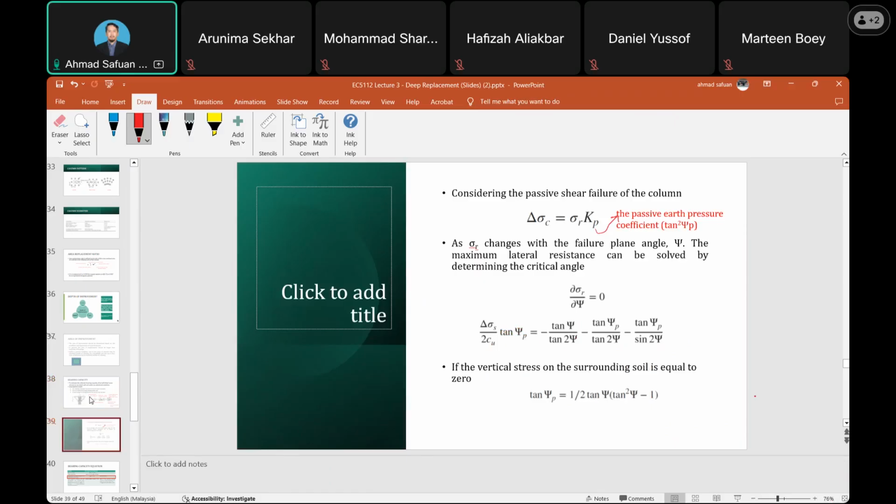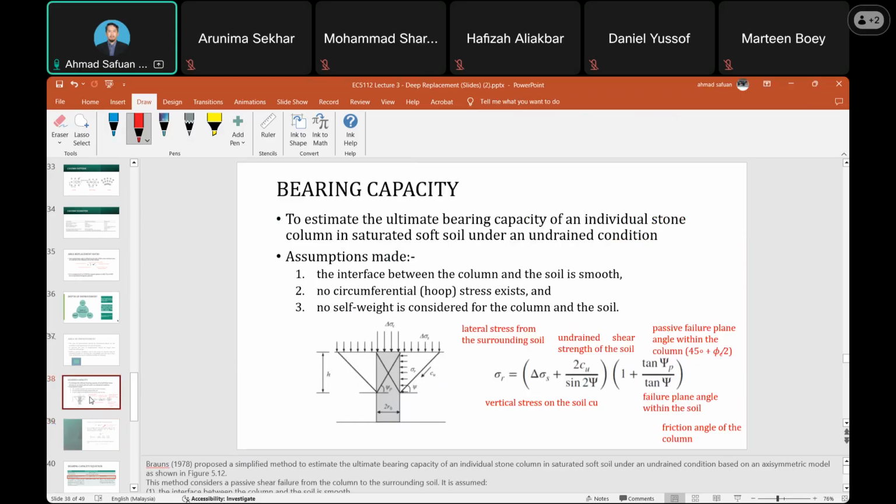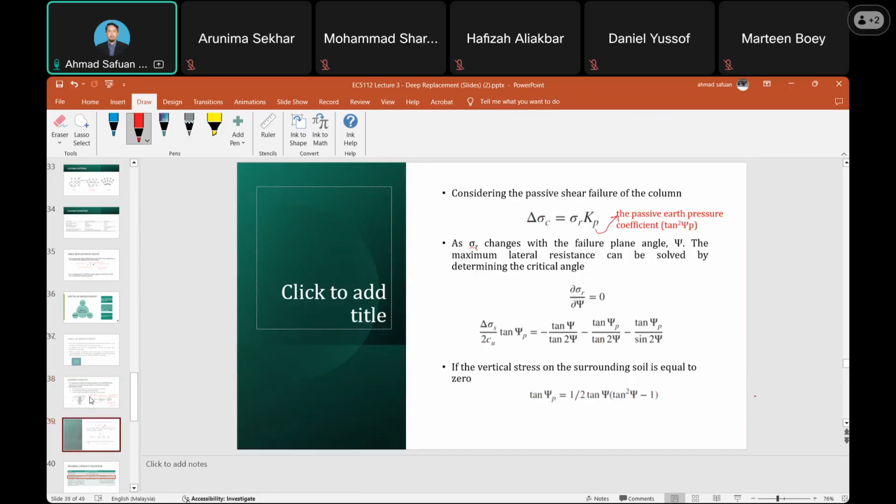Then, considering the passive shear failure of the column, delta sigma C is equal to sigma R times Kp, the passive earth pressure coefficient.